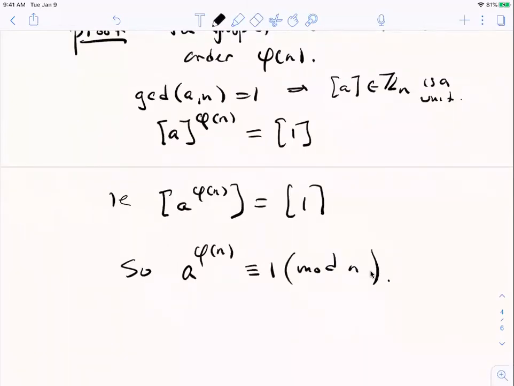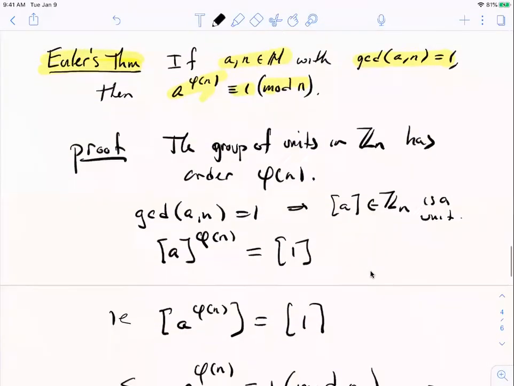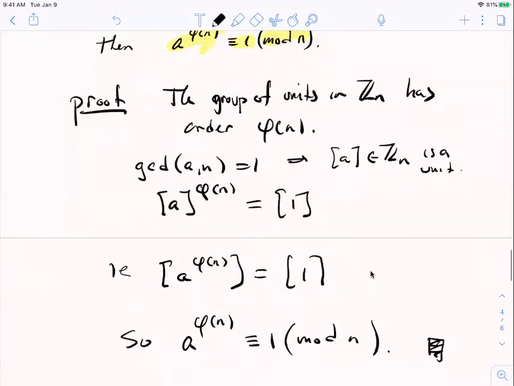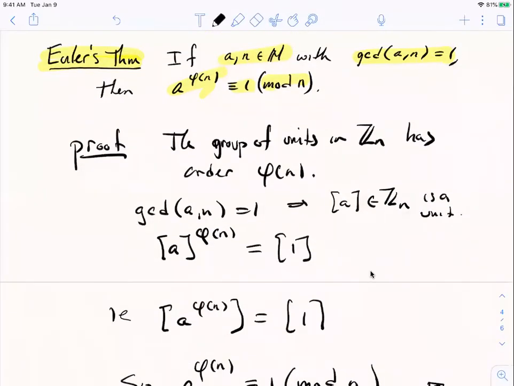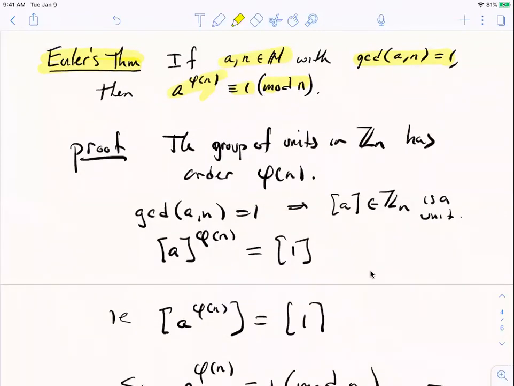So here, I guess I'm kind of speaking to number theory veterans, but these two theorems, Euler's theorem and Fermat's theorem from number theory, from a group theoretic point of view, they're the same theorem. They both say that if you raise an element to the order of a finite group, you'll get the identity in that group. It's just that in the Euler's theorem case, that finite group is the group of units in Zn.